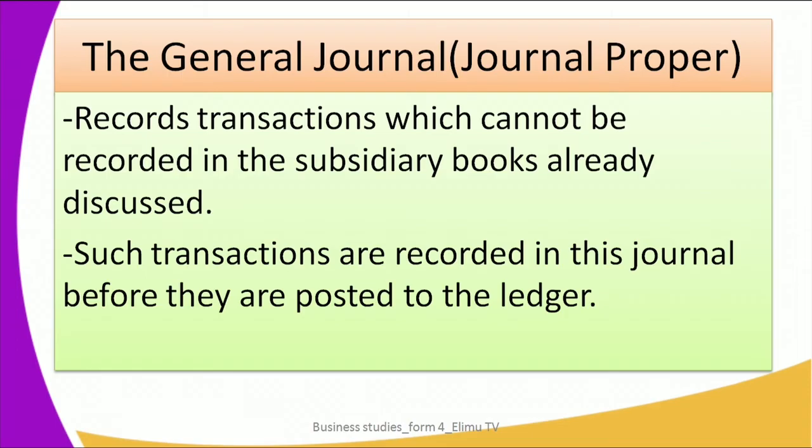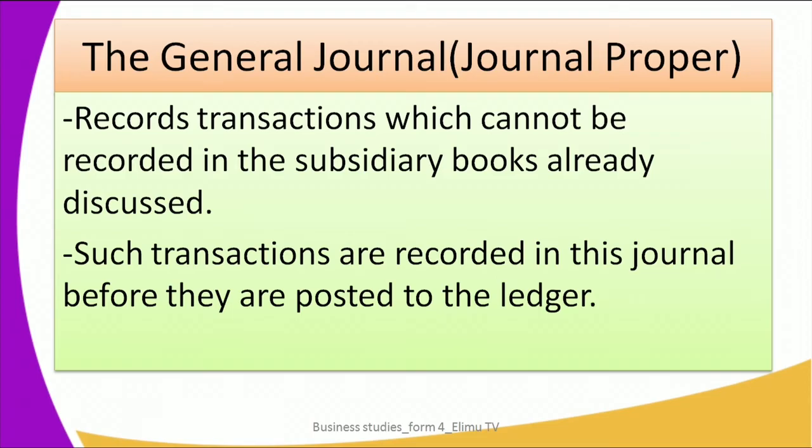In some cases, there are transactions that cannot fit in any of the journals we've already discussed so far, and they are recorded in what we are calling the general journal.